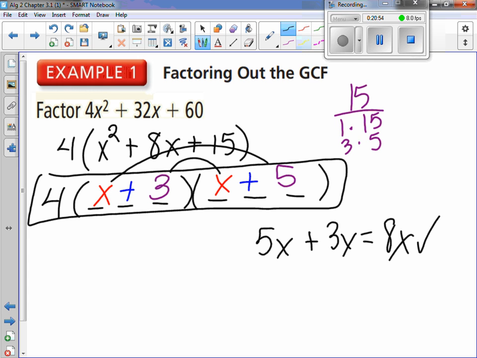Now again with this here, the reason we don't check the first term, x times x, well that gives me x squared, yes? What's 3 times 5? 15. What were the other two numbers that could go instead of 3 and 5? Well, 1 and 15. And 1 times 15 is still going to be 15, yes? Are y'all starting to see how multiplying these two together and then these two together really isn't necessary in checking?